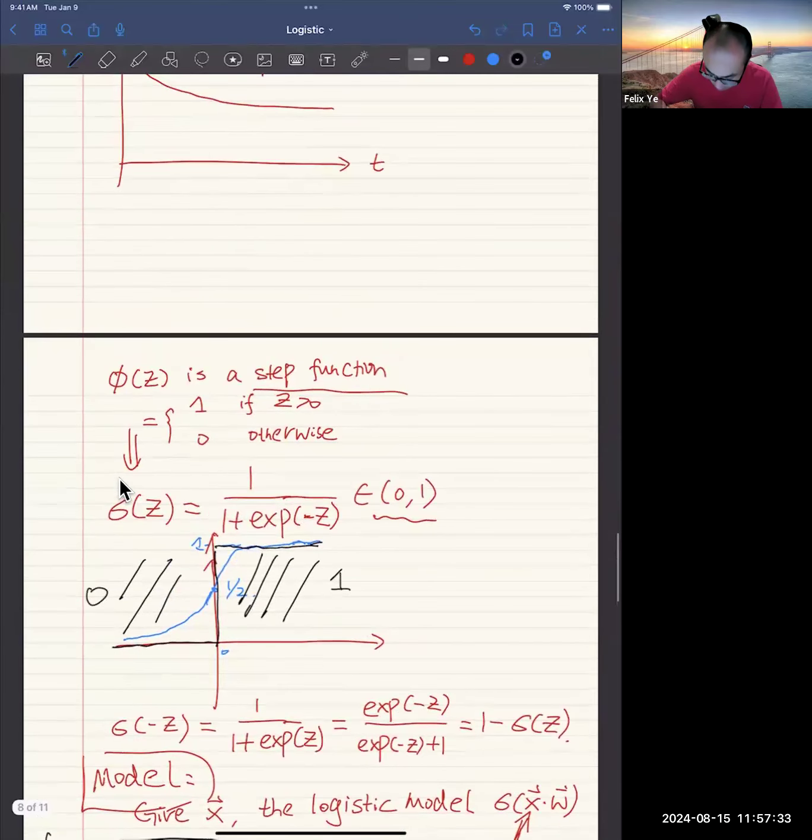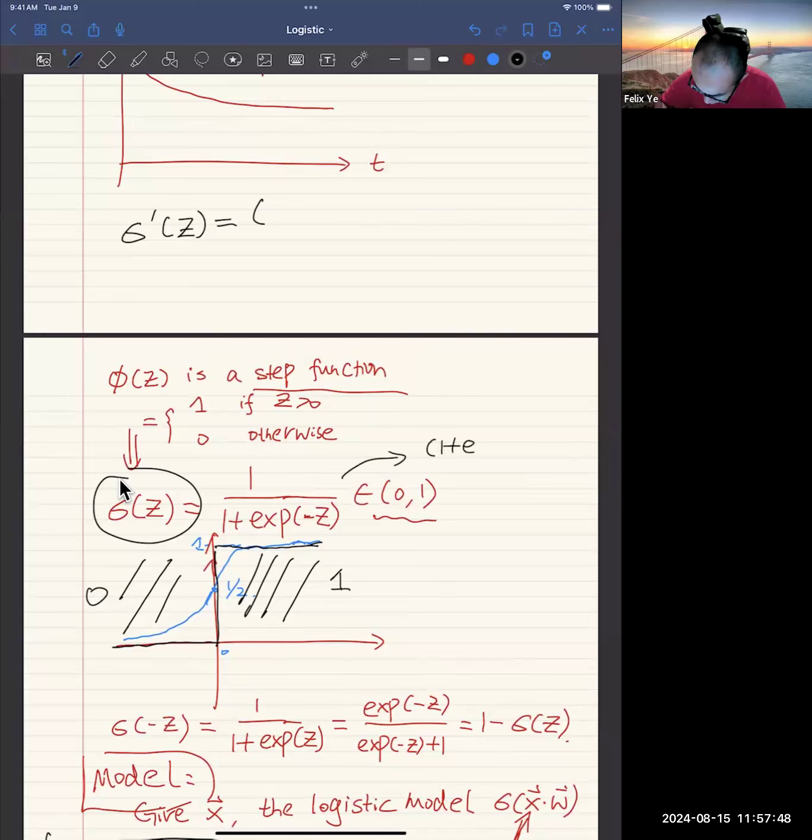So this right here, sigma prime of z, right? So we know this is 1 plus exponential minus z to the inverse.